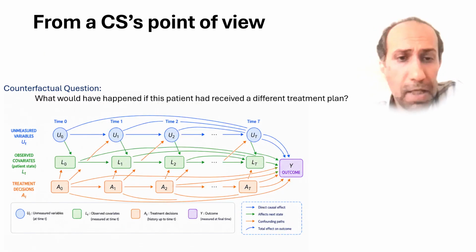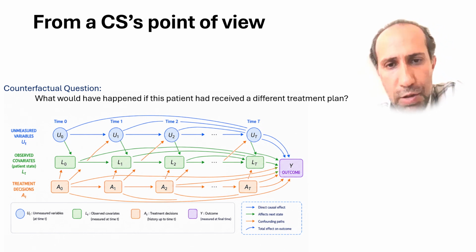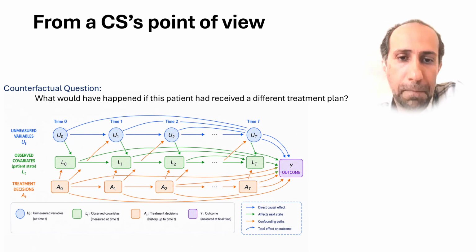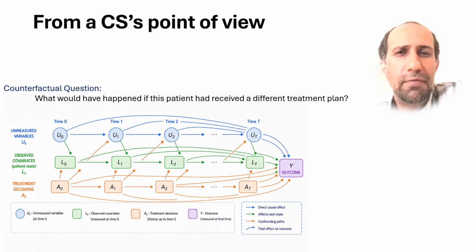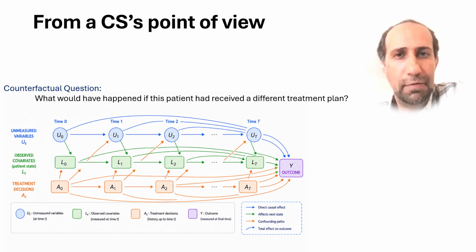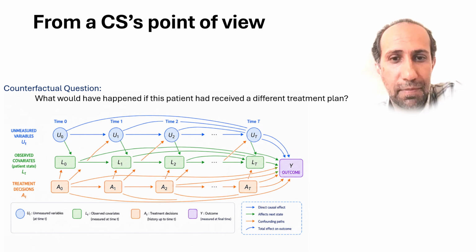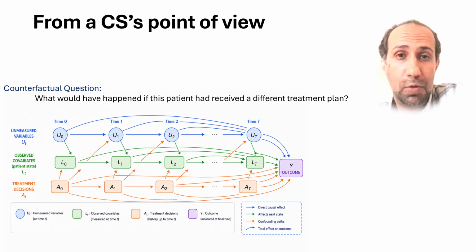Counterfactual question. Let's consider this question: what would have happened if this patient had received a different treatment plan? A counterfactual question usually starts with a "what if" and ends with a "what would have happened." In order to address this problem, we need a causal graph.